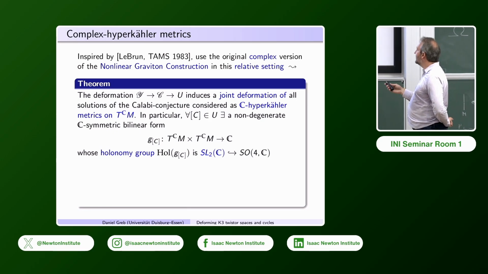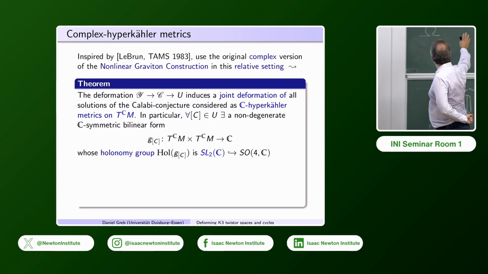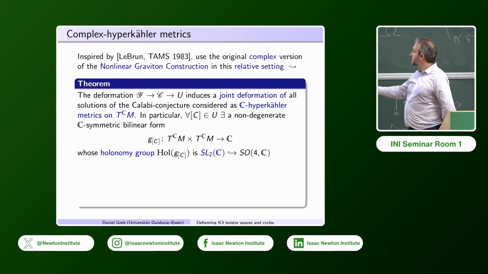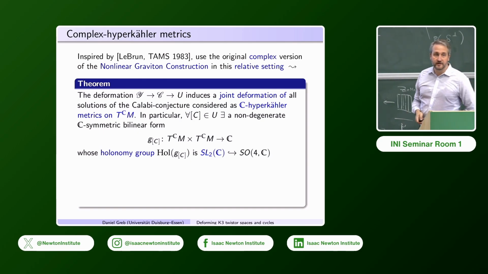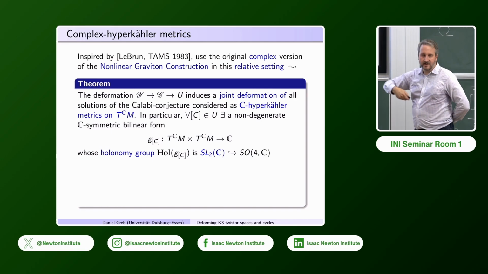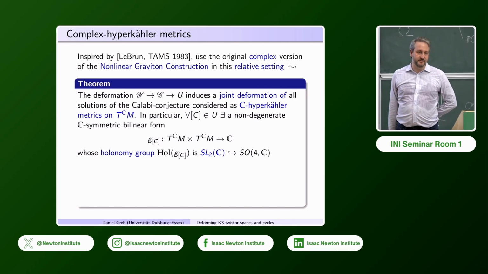What are the objects I get for any point parametrized by U? There is a non-degenerate complex symmetric bilinear form on the complexified tangent bundle of the underlying 4-manifold.